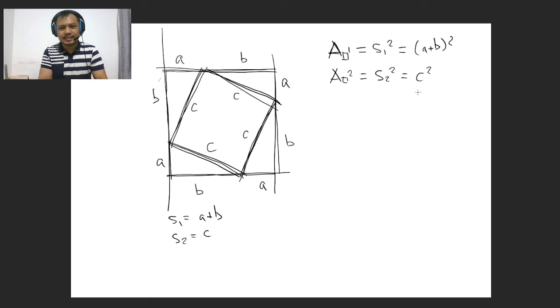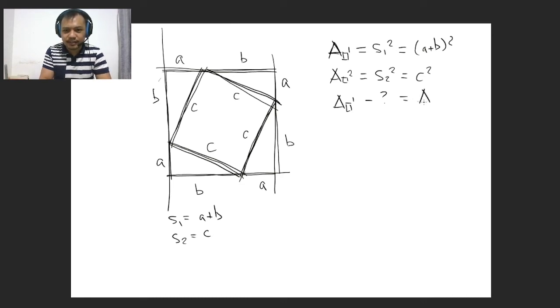Okay. Now, this isn't enough information yet, because we have to subtract all of the excess area in order to get the area of the smaller square, right? So what happens is we have this equation, square 1 minus something is equal to the area of the second square.